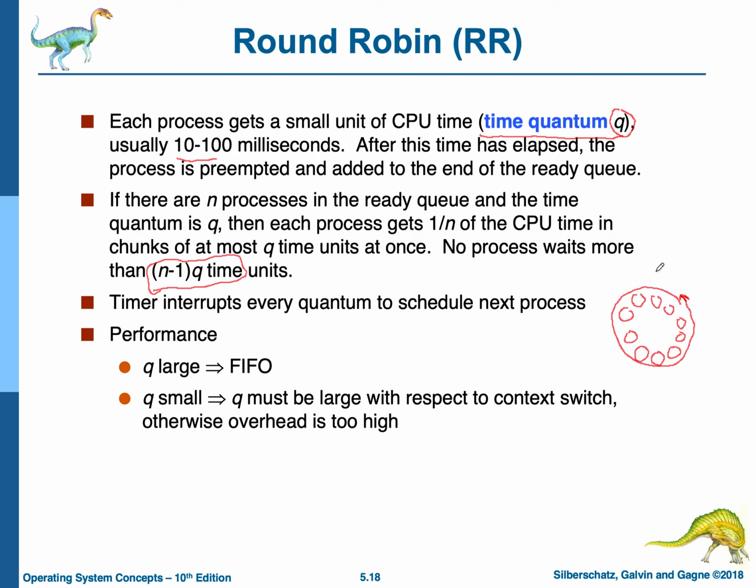The CPU first starts from this one, then goes to this, then to this, and when it reaches the last, it goes again to the first process. So let's see this in queue order.